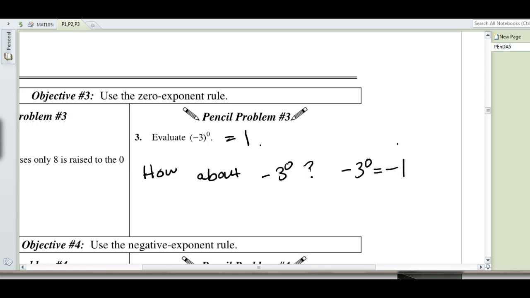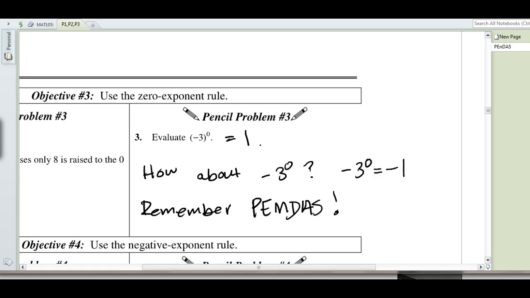The reason why is we think about the negative as actually an example of multiplication. So the trick here is to remember PEMDAS, the order of operations rule. Why does that make a difference? Well, this 0 is an exponent, and we're going to apply it to the 3 before we multiply the negative sign.